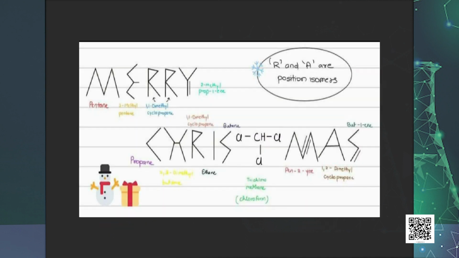Learners, here on this slide, you can see a festival card created using bond line formula and position isomerism. Alphabet A and alphabet R are the position isomers of dimethylcyclopropane. So, learners, be creative, make more such messages, learn academic content with such fun-filled activities.